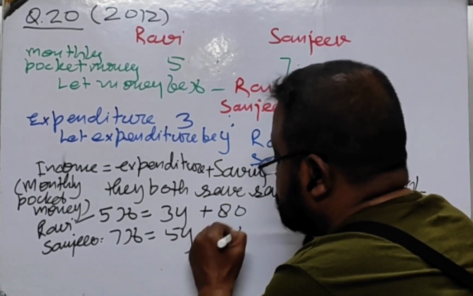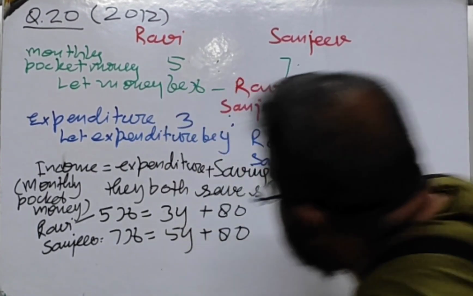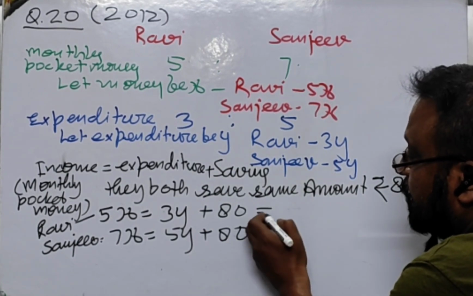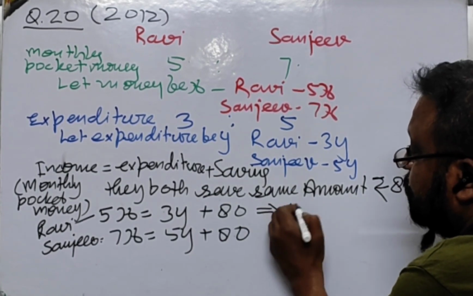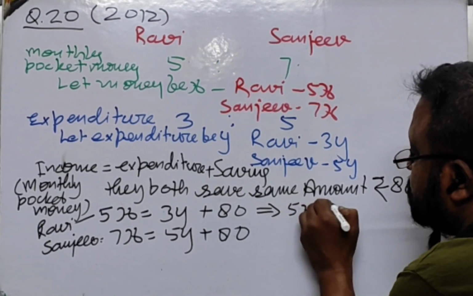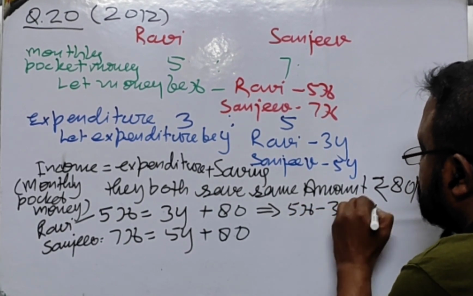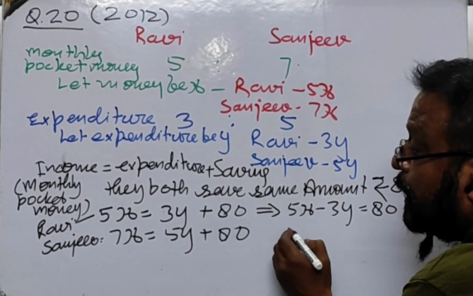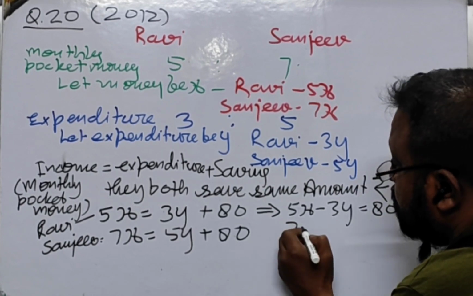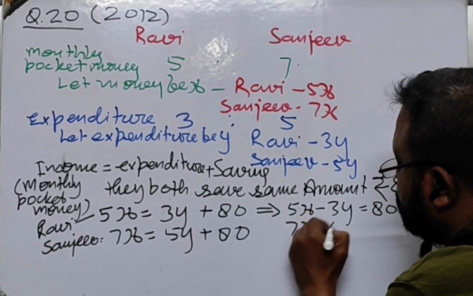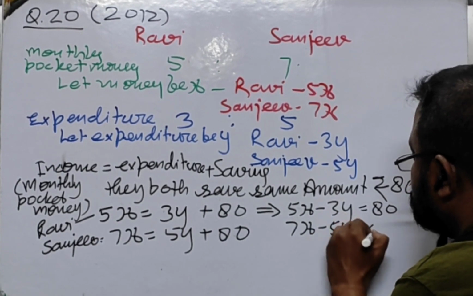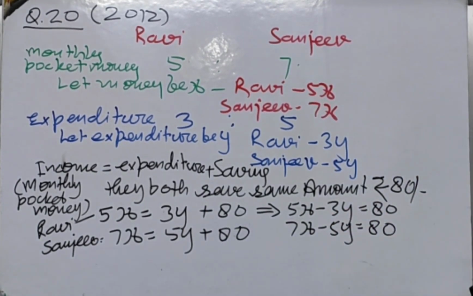Very nice. So we can write it this way: 5x minus 3y is equal to 80 and 7x minus 5y is equal to 80. Very good.